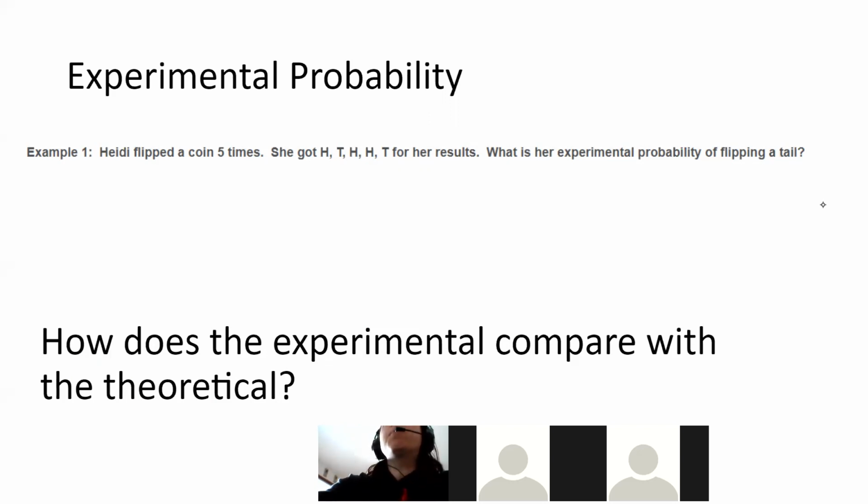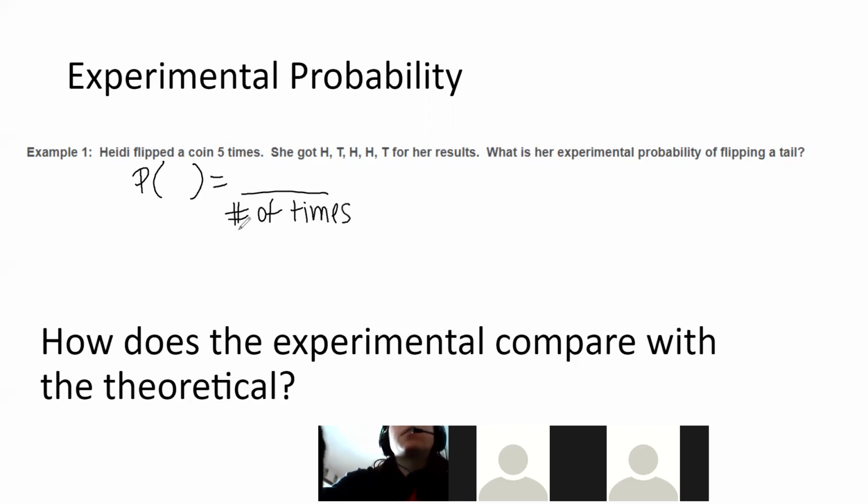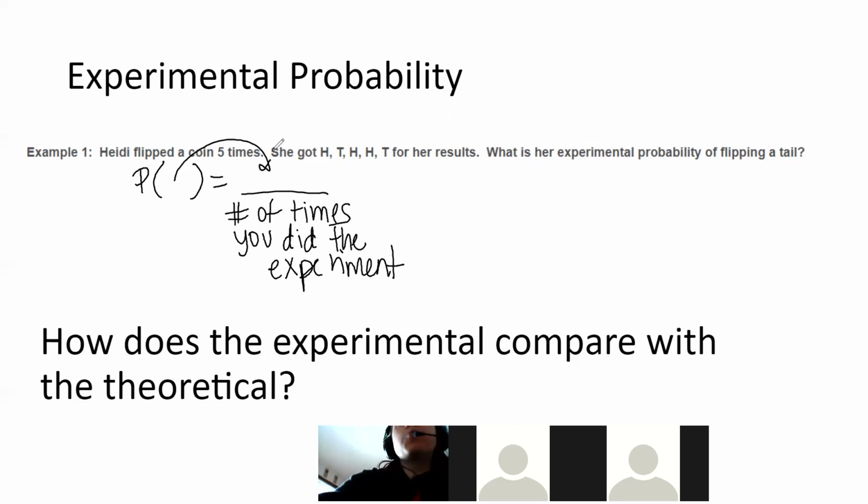So when you come up with experimental probability, the number of times you did the experiment is always on the bottom. And then whatever you're looking for goes in the numerator.